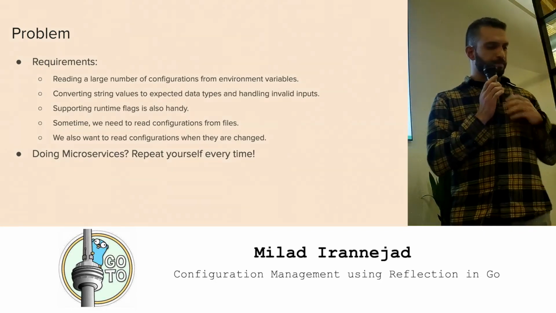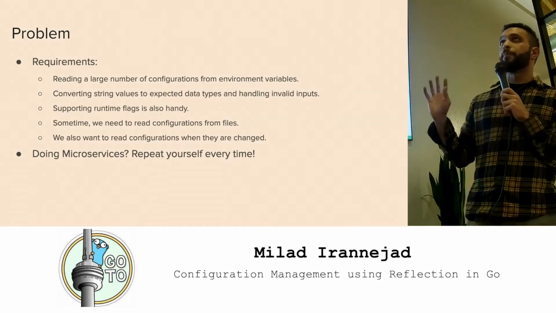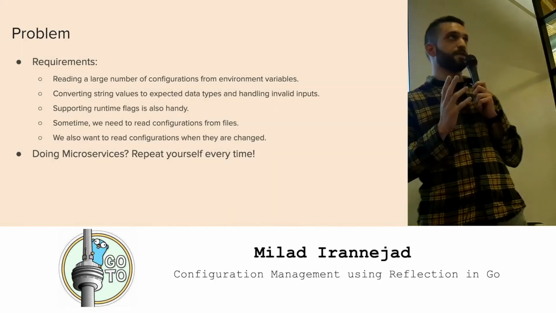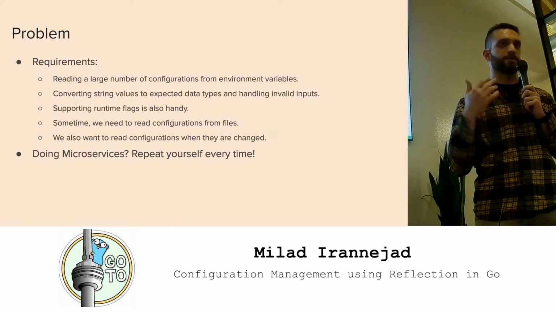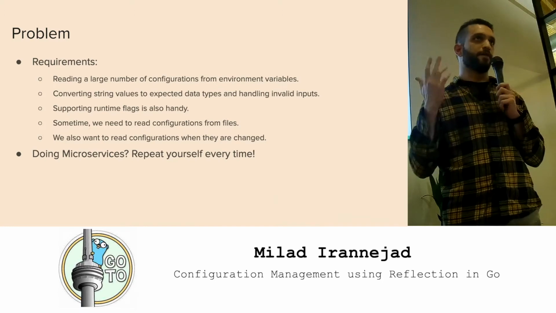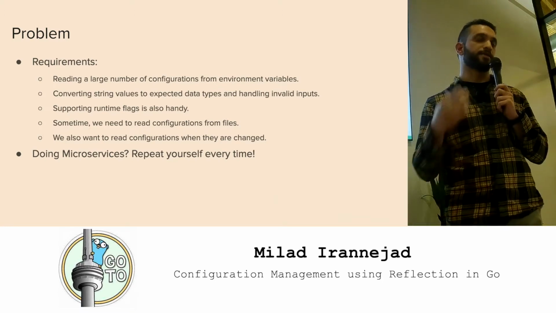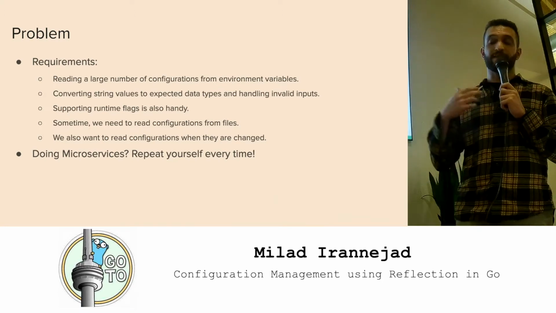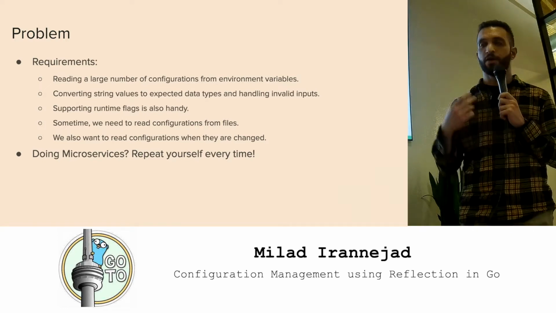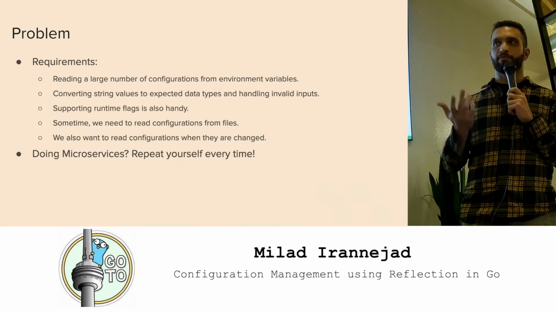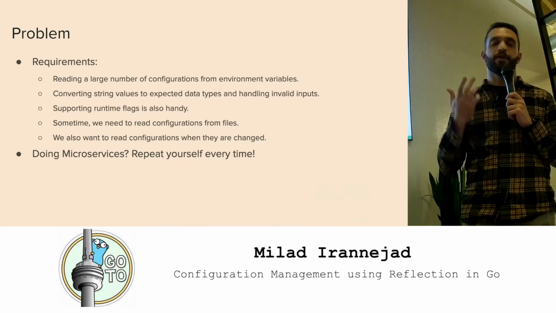Now let's get to the problem. One problem that I find myself facing again and again, especially in this microservices day where everyone wants to do microservices, is that I repeat myself a lot every time I create a new application to do the configuration management properly.